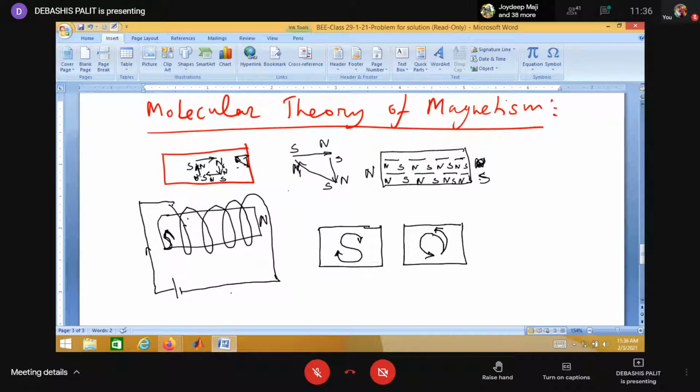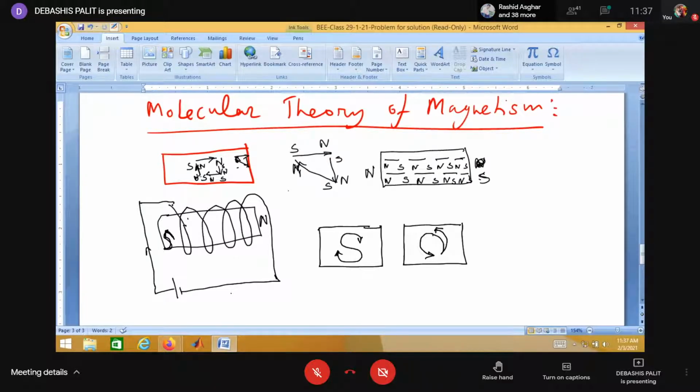But I have already told you that the molecular theory of magnetism cannot explain why paramagnetic material cannot become ferromagnetic material. You cannot convert paramagnetic material into ferromagnetic material.